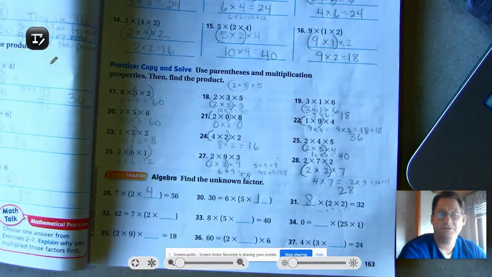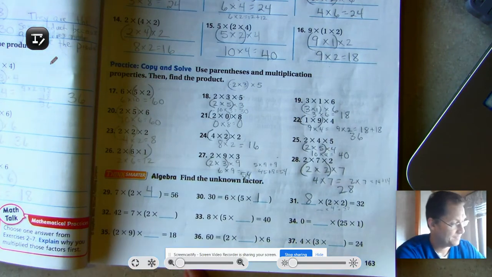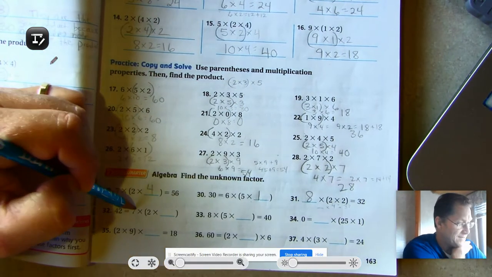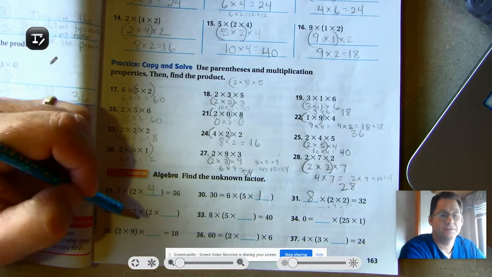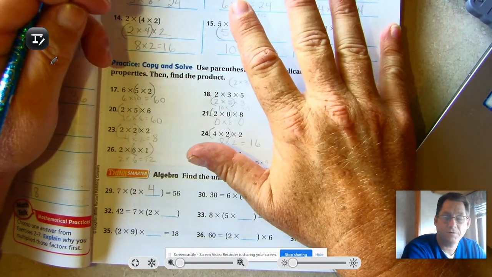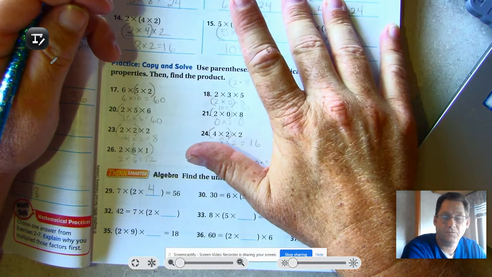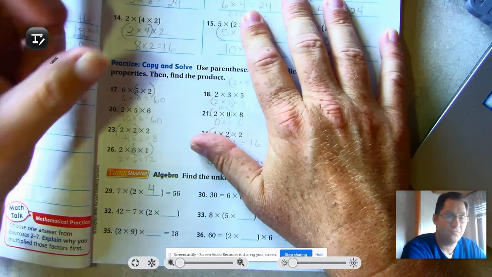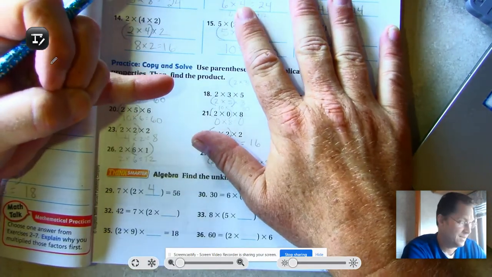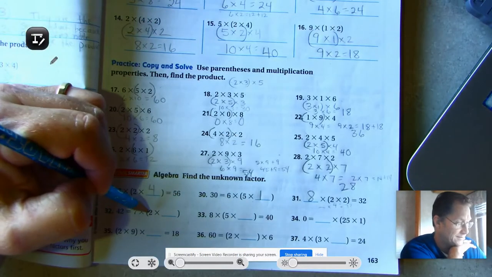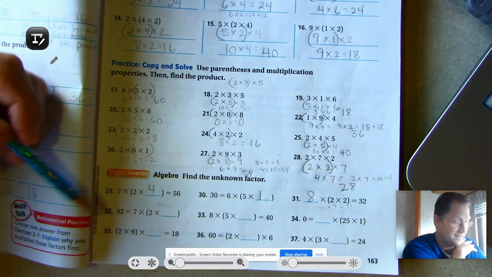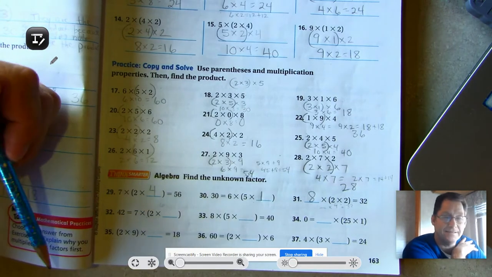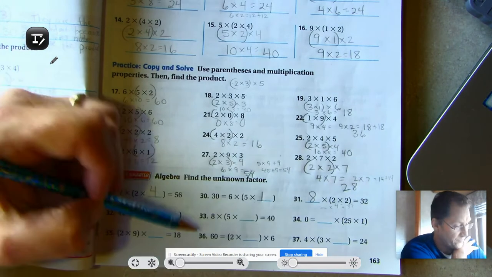So the missing factor is 8. 42. 7 times what is 42? 7, 14, 21, 28, 35, 42. 6. So 7 times 6. So this has to have a product of 6. 2 times what is 6? 2, 4, 6, 3.